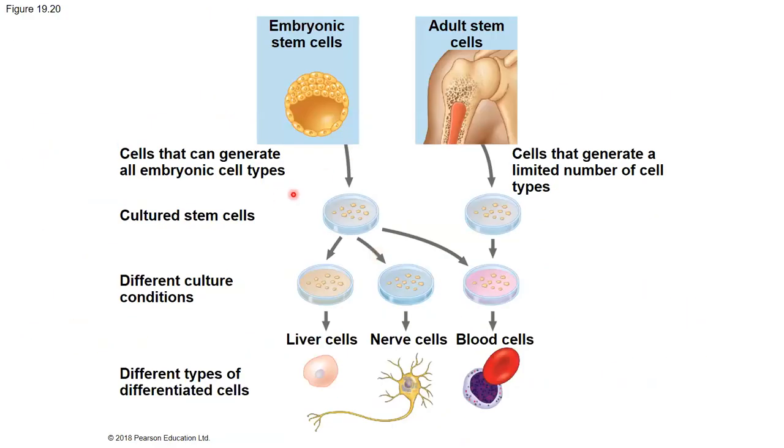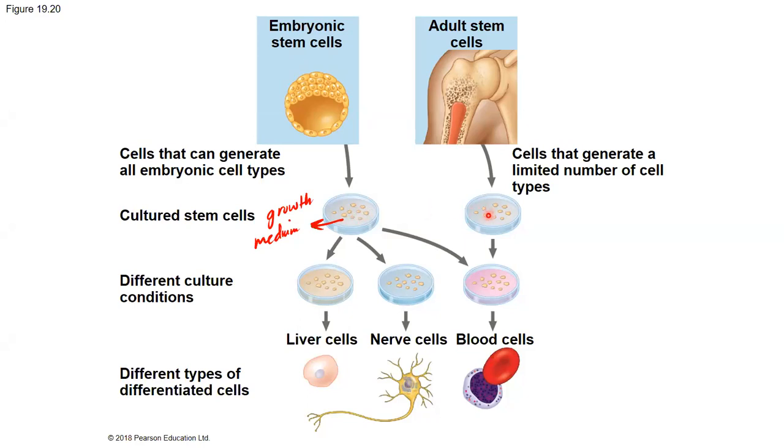As I said before, this figure shows how embryonic stem cells are obtained from the blastocyst. They could be cultured in the lab. So we need to provide these stem cells with broth medium, a nutrient medium that contains nutrients so that these cells can start dividing.